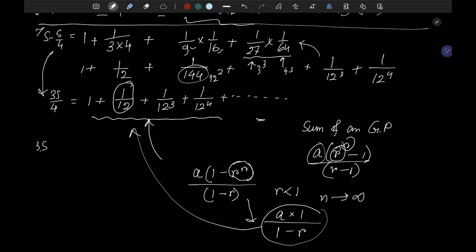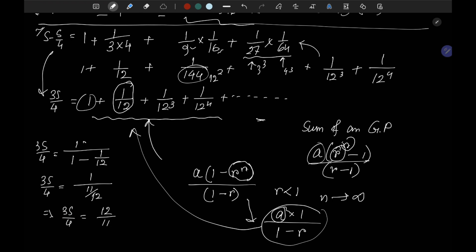So your 3s by 4 is equal to, your a is 1, the first term, 1 by 1 minus your r, which is 1 by 12. So 3s by 4 equals 1 by 11 by 12, or 3s by 4 becomes 12 by 11.